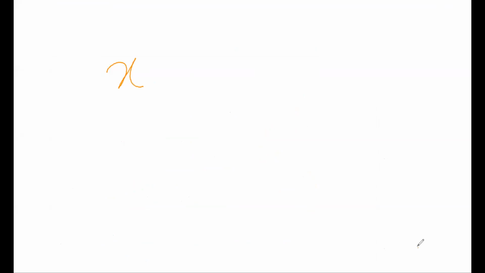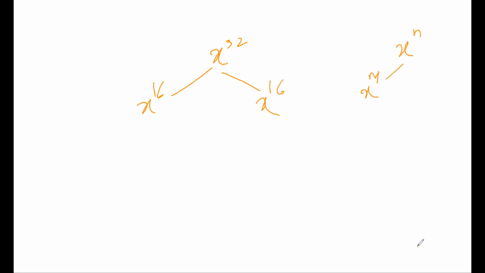So x to the power 32. If it's x to the power n, I'm just dividing the problem into n by 2 and n by 2. So this will be x8, x8.